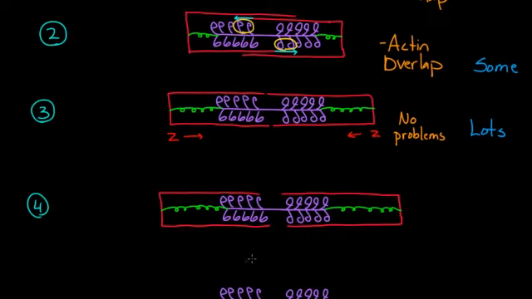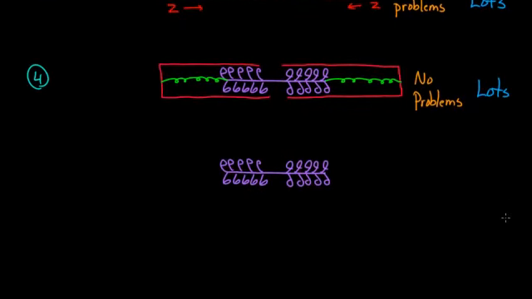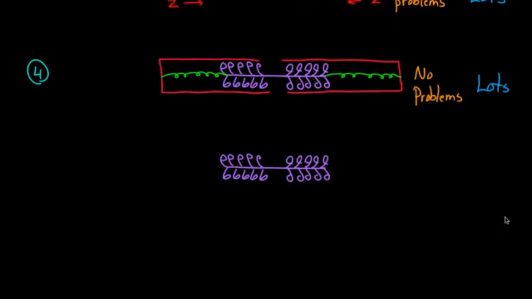So certainly all 20 myosins are going to be working, and I would expect no problems here either. So in scenarios 3 and 4, things are looking really good, and of course I would expect lots of force on both. It seems like the more we stretch things out, the better things get.